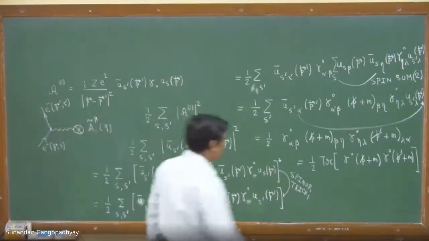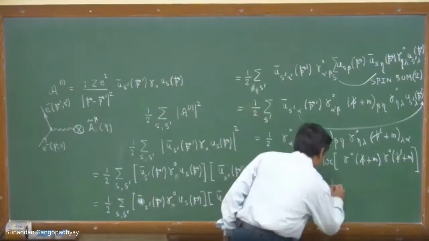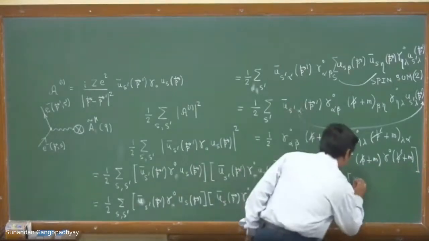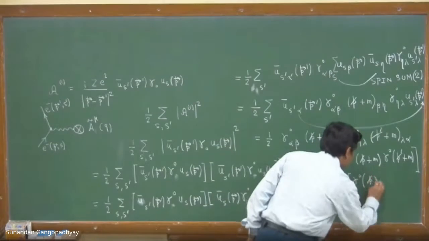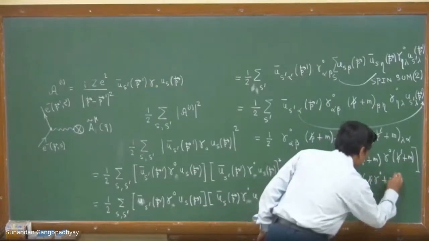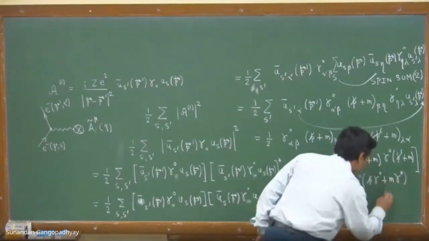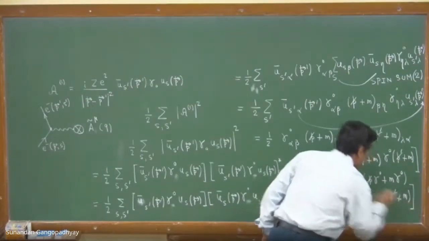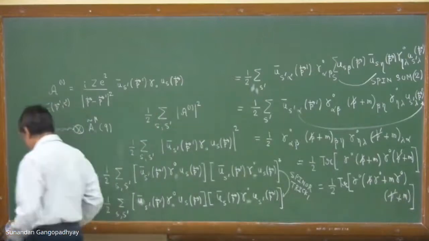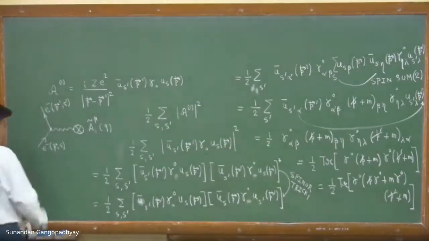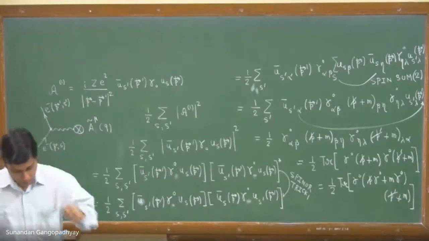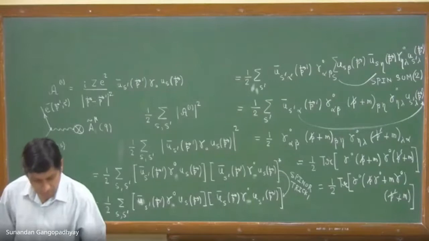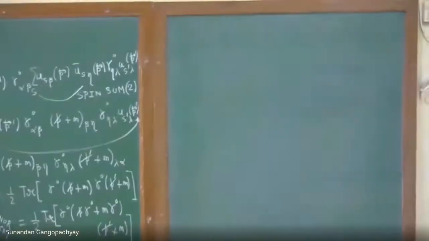So we can write this as half trace of gamma 0 P prime slash gamma 0 P slash. So what we need to do is just multiply everything. Straightforward multiplication.